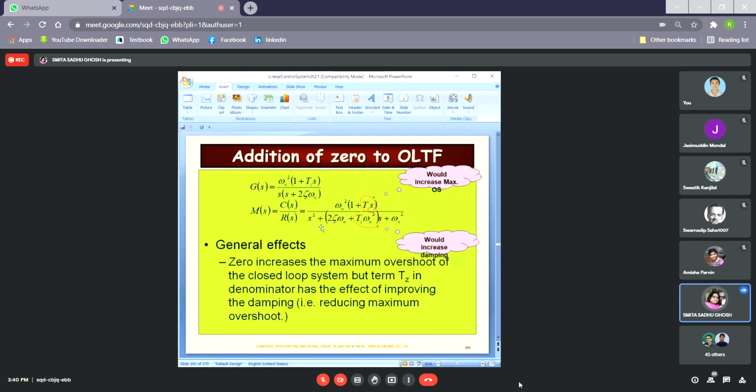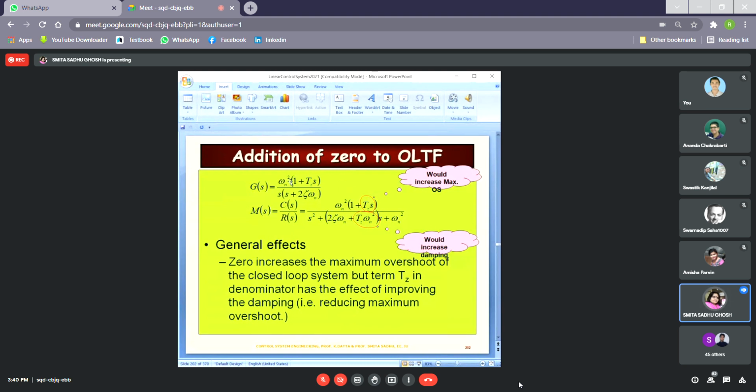Now you can see the transfer function and we can conclude certain things. If the 0 were not added to the open loop transfer function, what would we have as the closed loop transfer function? The closed loop transfer function of the standard second order system would have been omega n square by s square plus 2 zeta omega n s plus omega n square.